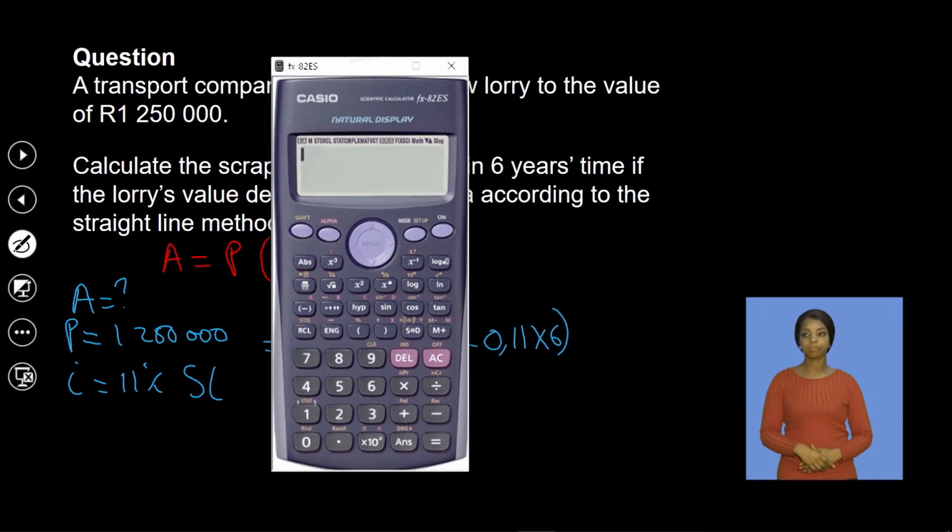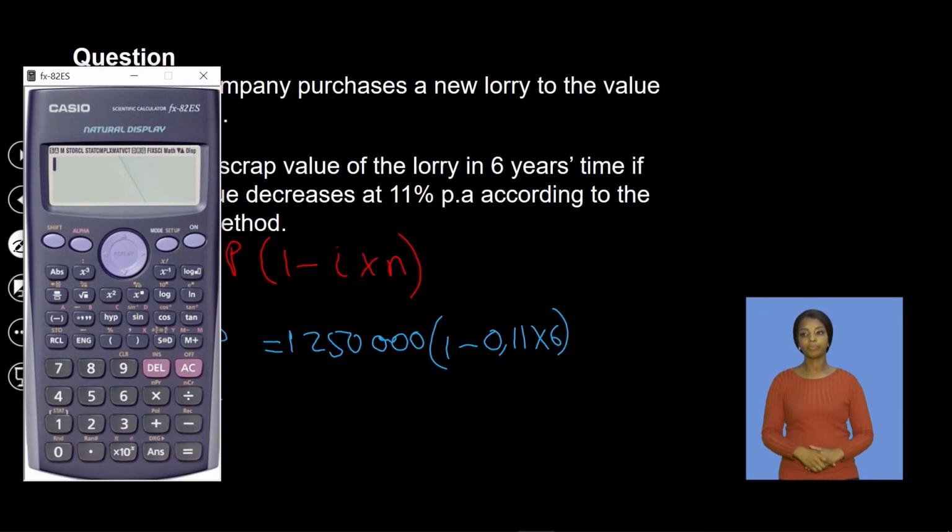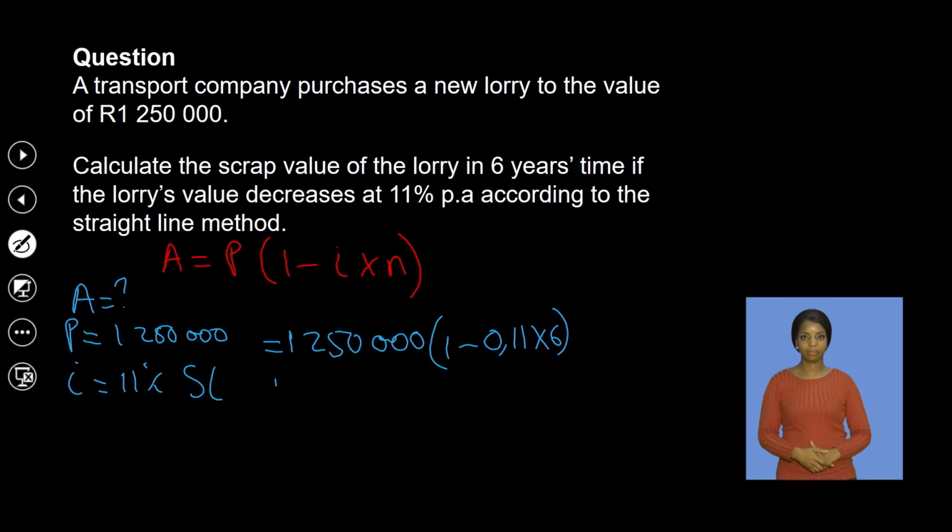So that will be 1,250,000 times, open a bracket, 1 minus 0.11 multiplied by the 6, and then this will be equal to that. So you can see, guys, after 6 years, this is going to be worth 425,000, right?